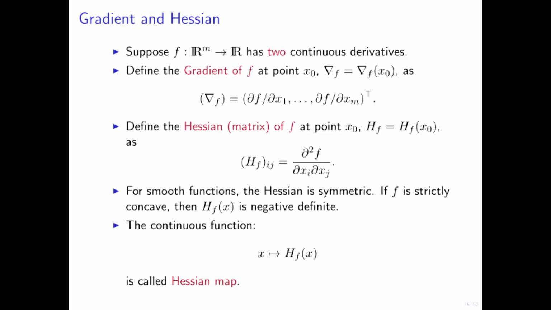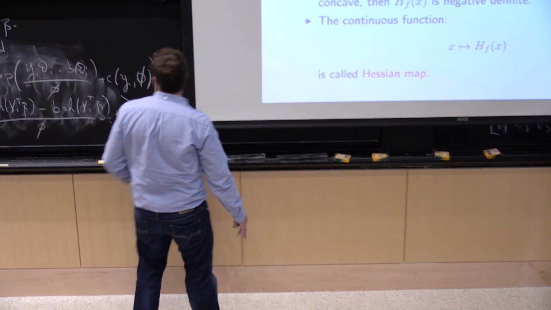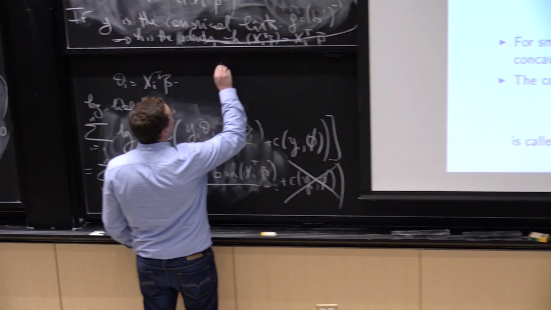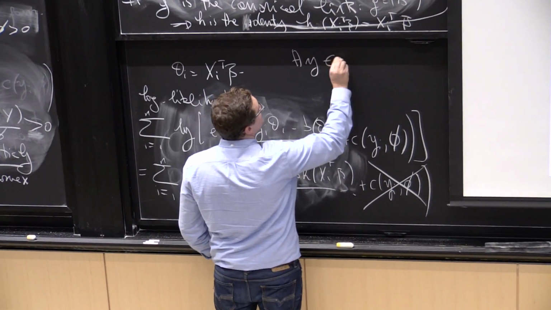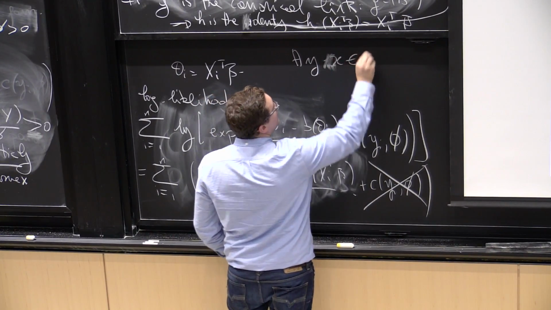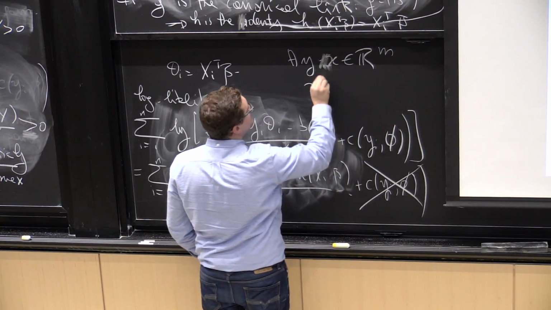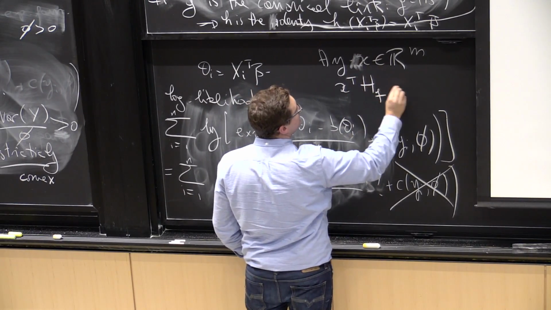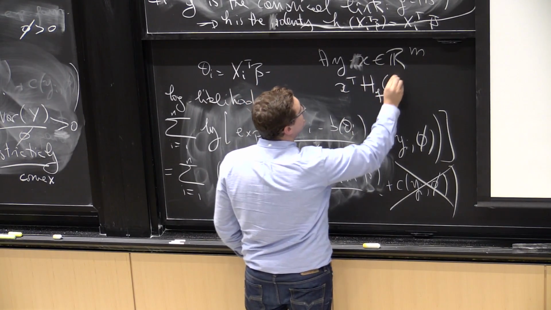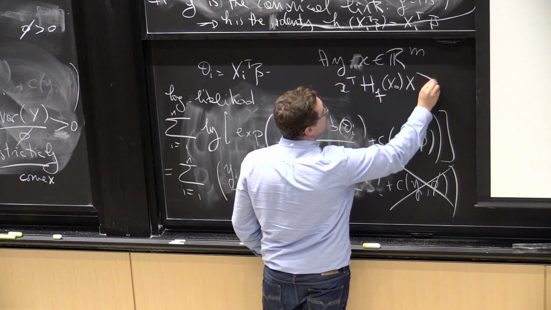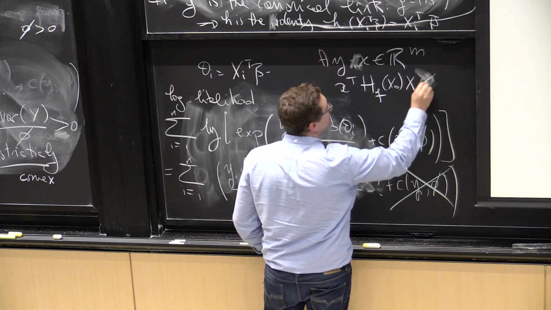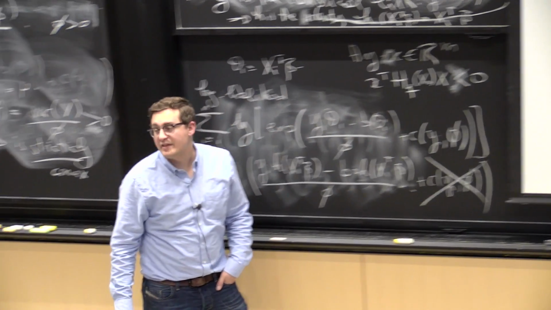And as I said, if f is strictly concave, then h_f of x is negative definite. What it means is that if I take any x in R^m, then x transpose h_f x, for any x nonzero, is actually strictly negative. That's what it means to be negative definite.